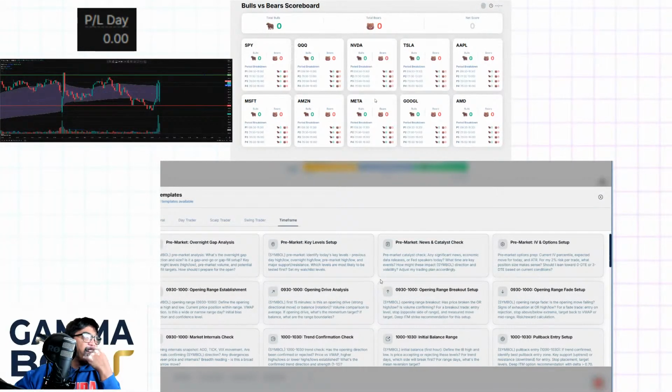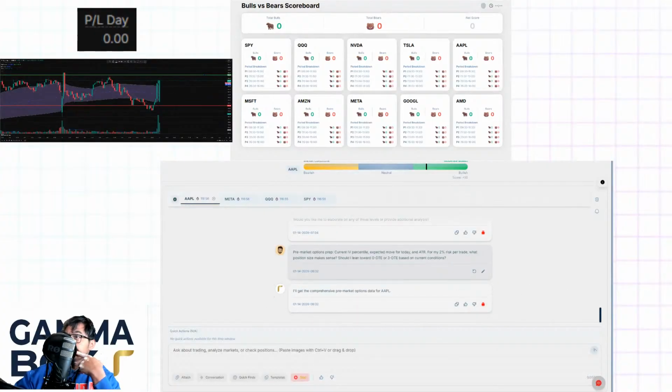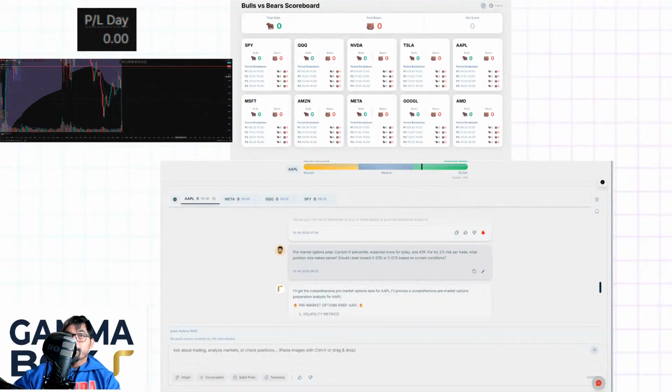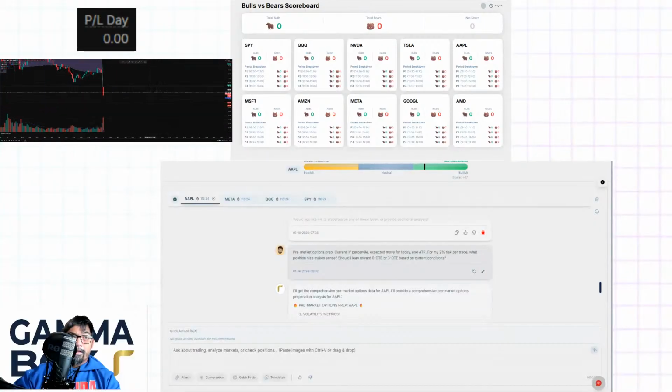Apple looks like a fairly decent setup for a 0 to 3 day. I see a huge gap down on Tesla.